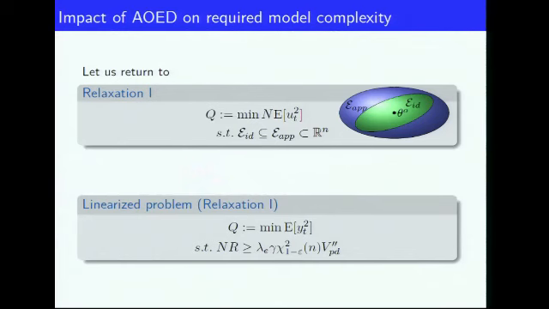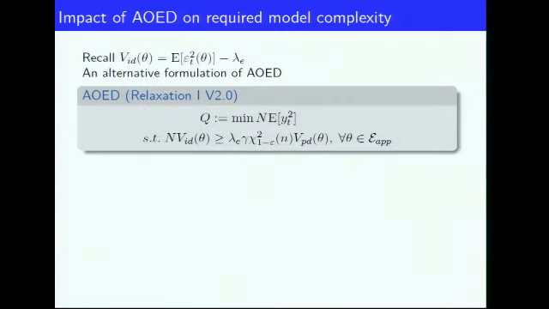And now I will use relaxation 1 of my design problem, which was to embed the confidence ellipsoid into the set of acceptable models, which corresponded to this problem. And what I will do first now is to reformulate this inequality. And recall that in the beginning I defined the identification criterion as the variance of the prediction errors, subtracting away the noise variance.